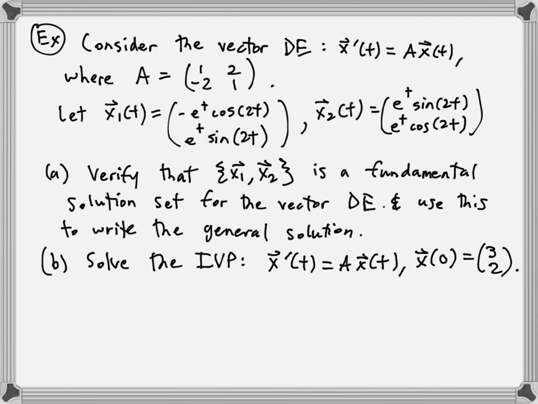We want to verify that it's a fundamental solution set. So what we're going to do is check that each vector satisfies the differential equation. So let's start by taking the derivative. We're going to check each one at a time. So first let's check x1. What's x1 prime? If you take the derivative of the first guy, we need to use the product rule on that.